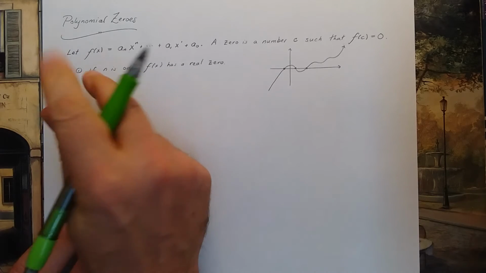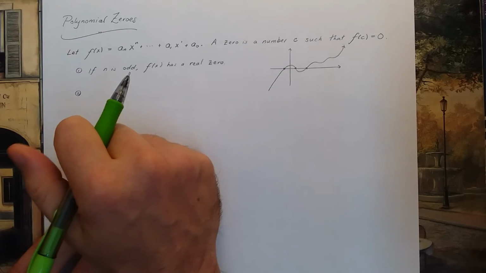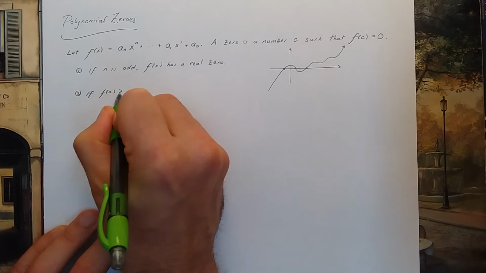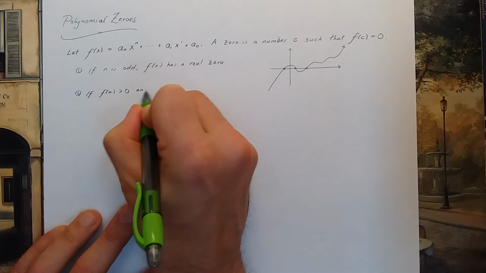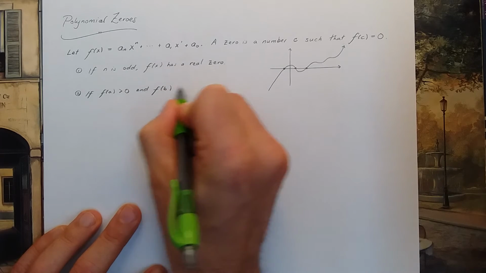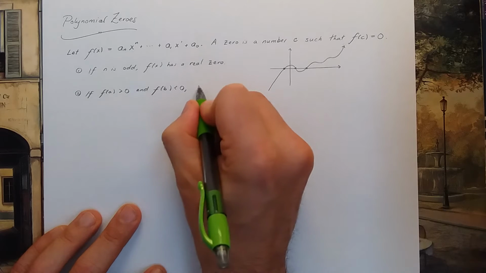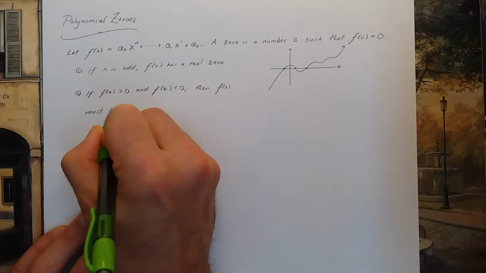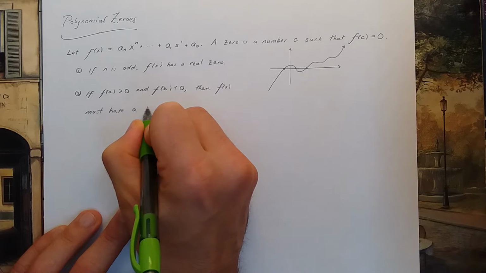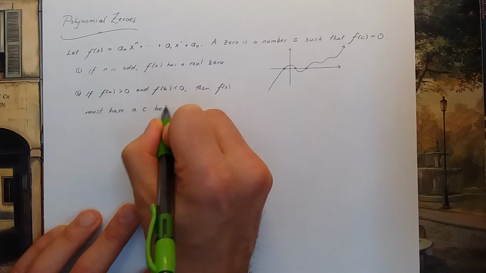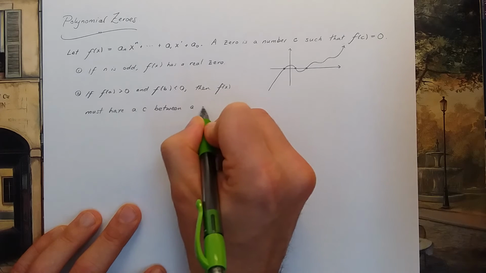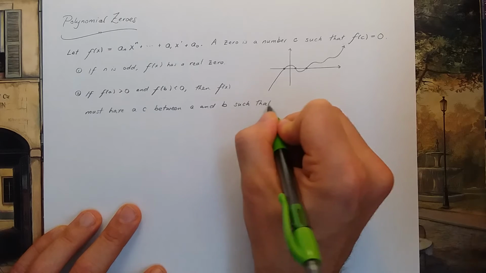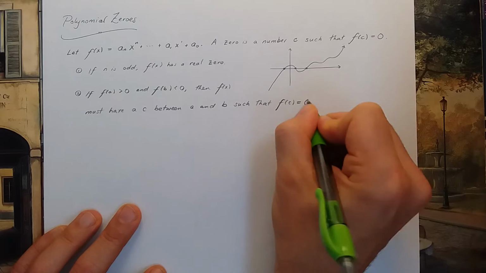Maybe as a generalization of this simple observation, I could say that if I plug in a number a to my function and I get out a positive value, and if I plug in a number b into the equation and get a negative value, then I know my function must have a c between a and b such that c is a 0. f of c is equal to 0.